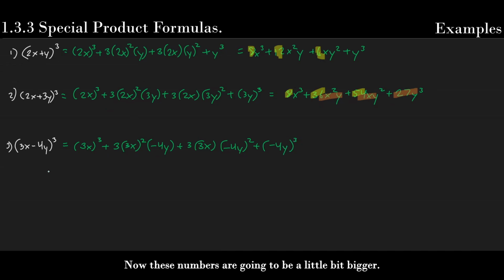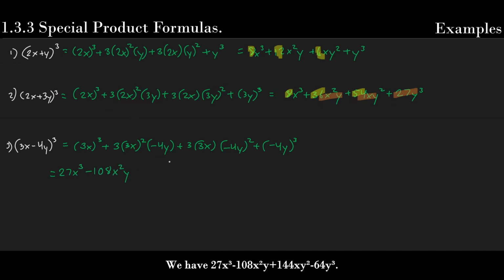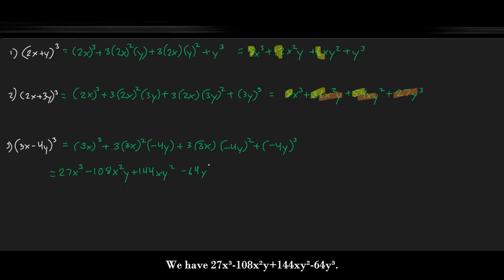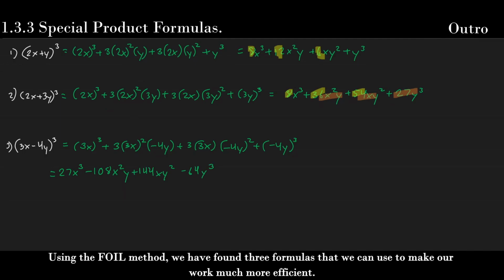Now these numbers are going to be a little bit bigger. So we have 27x³ - 108x²y + 144xy² - 64y³.